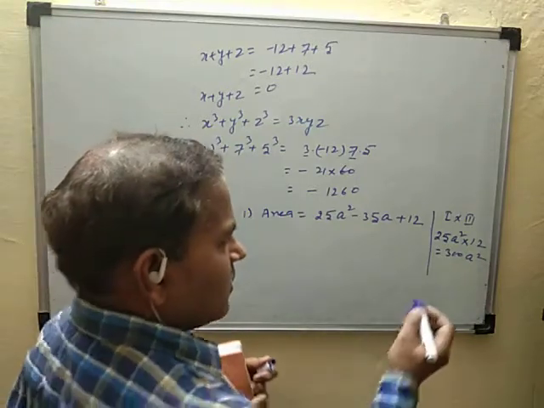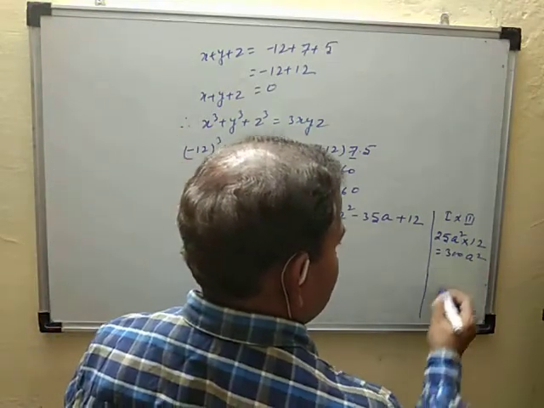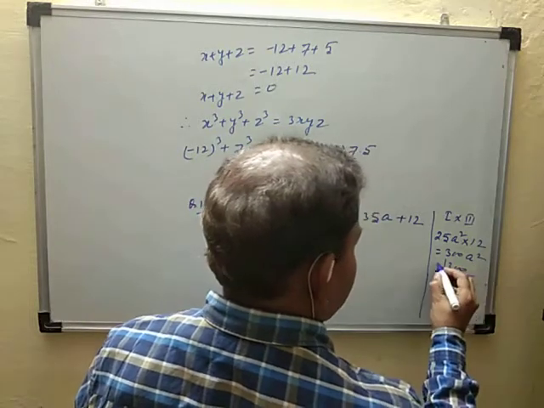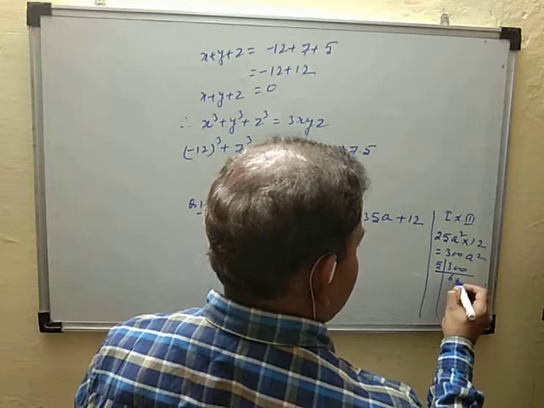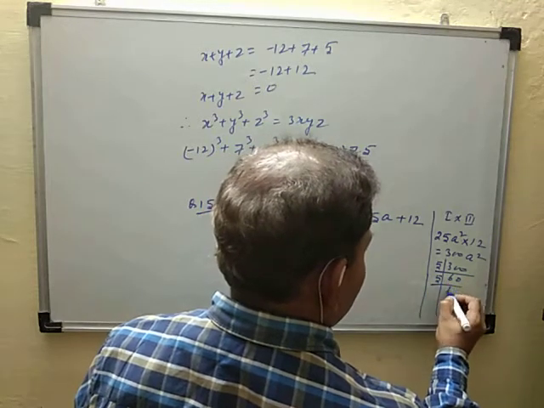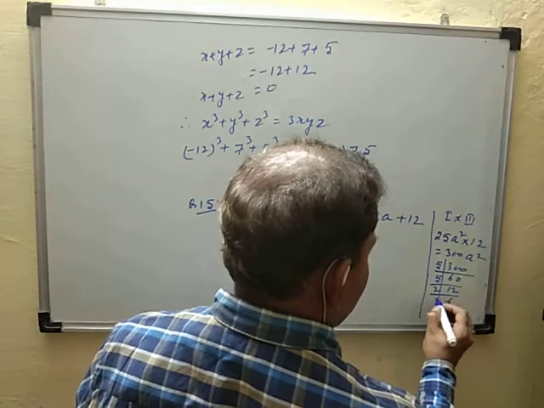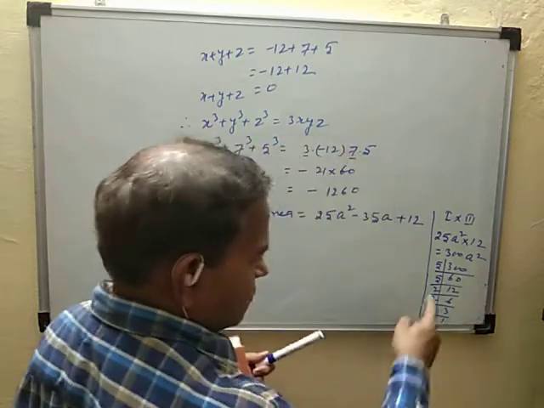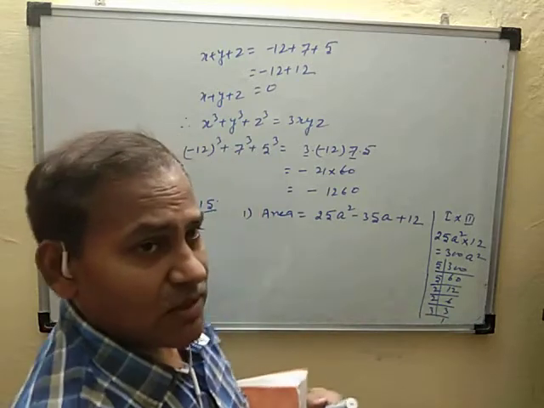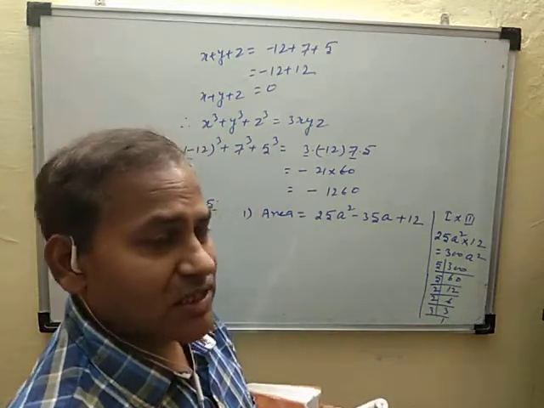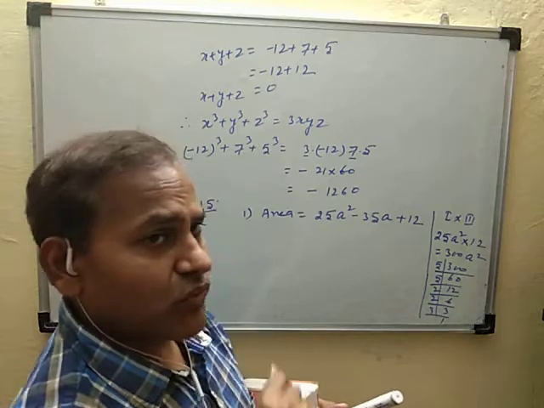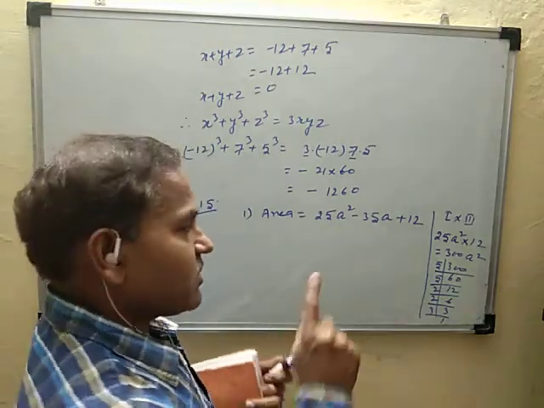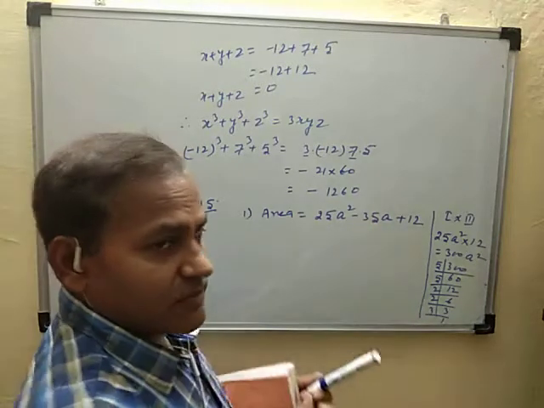Now split 300 into its prime factors: 5, 5, 2, 2, 3. Now convert these factors into 2 numbers such that their sum or difference is equal to 35.